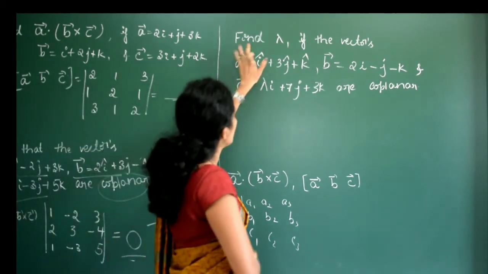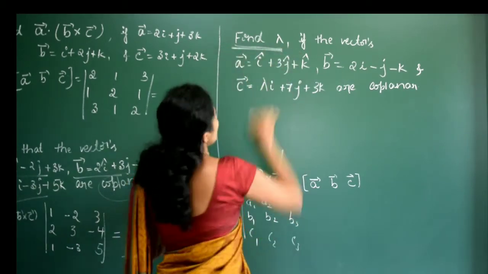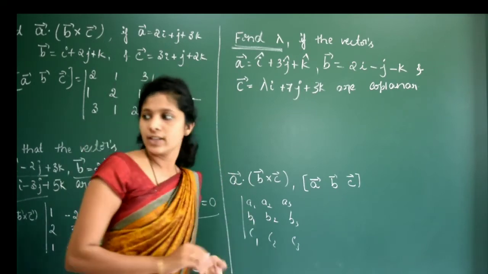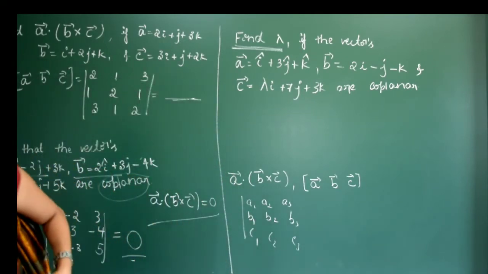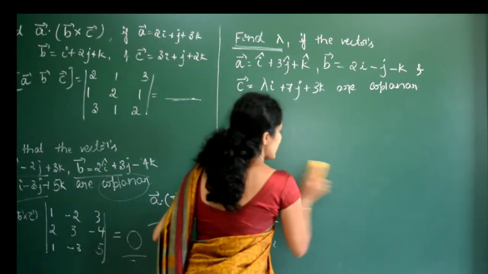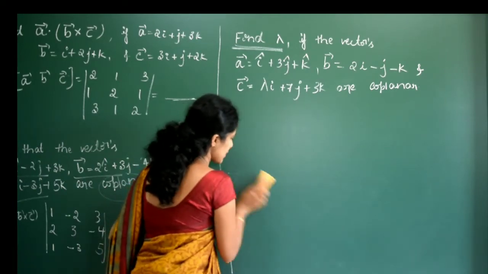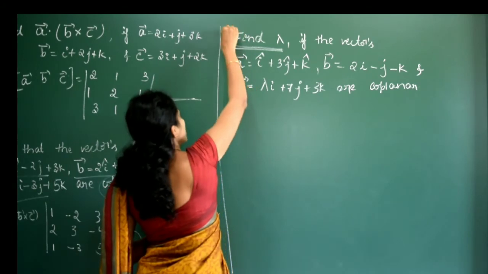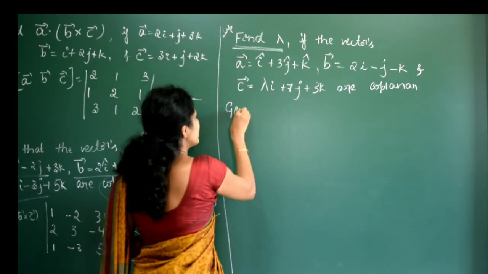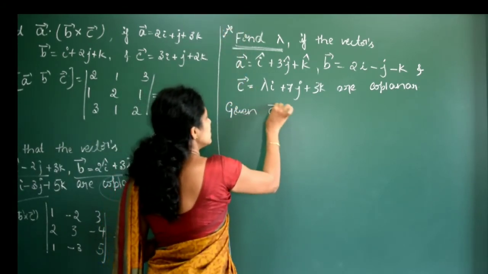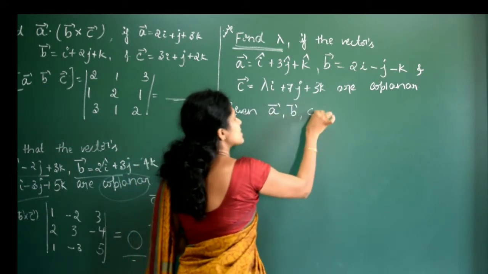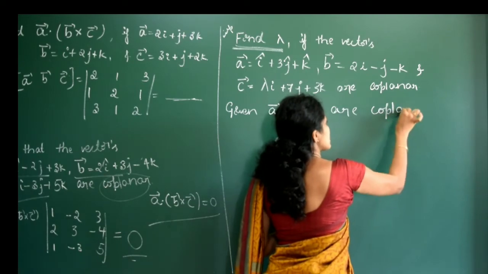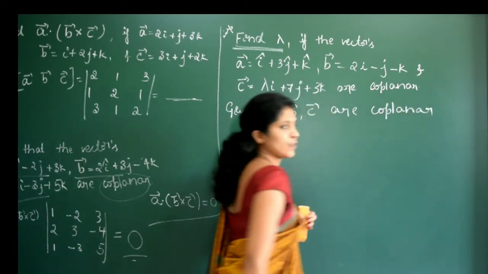See this one. Find lambda. If the vectors A vector, B vector and C vector are given and those are coplanar, that means the scalar triple product of those will be equal to 0, right? So this is also an important one. Given that A vector, B vector, C vector are coplanar, since this is coplanar, what can we write?